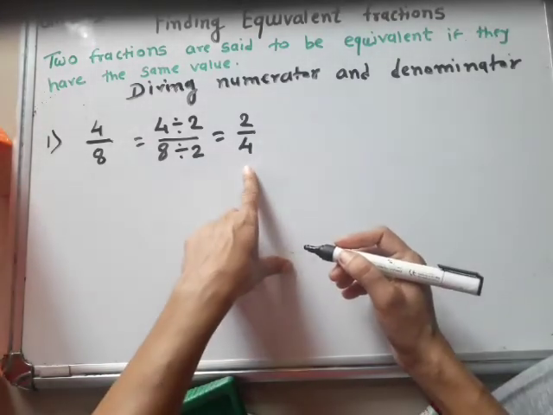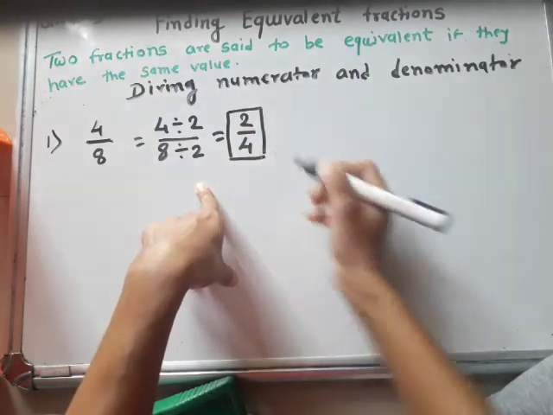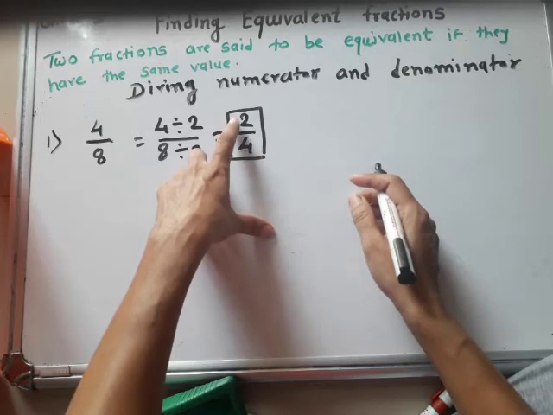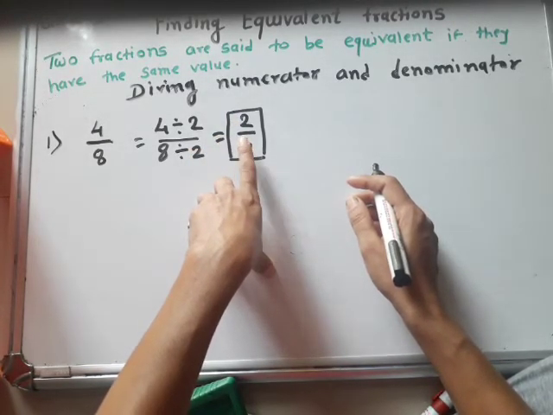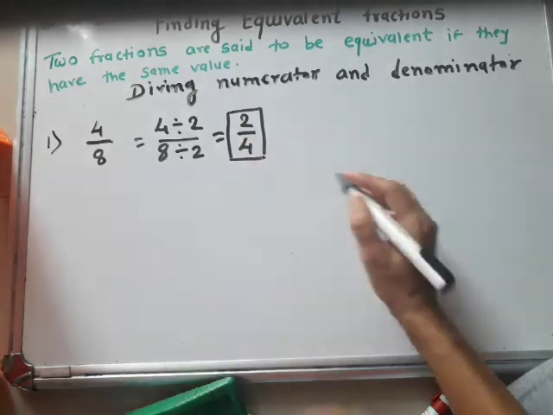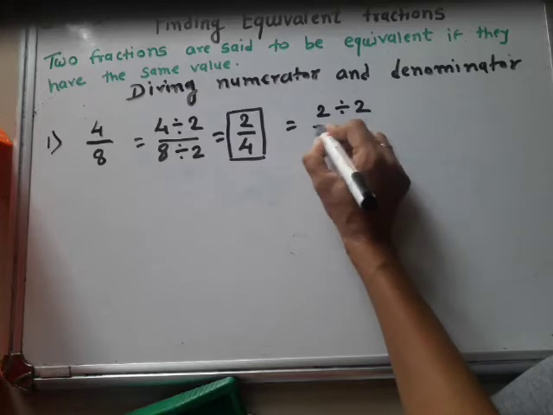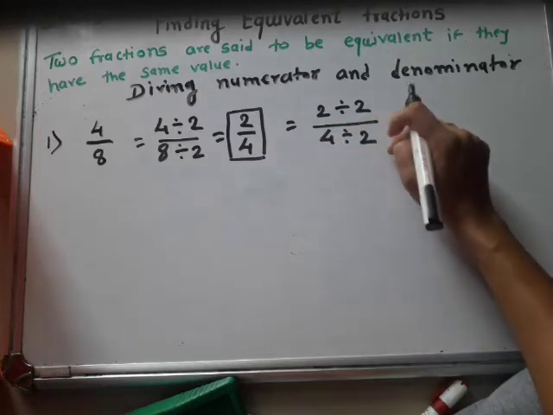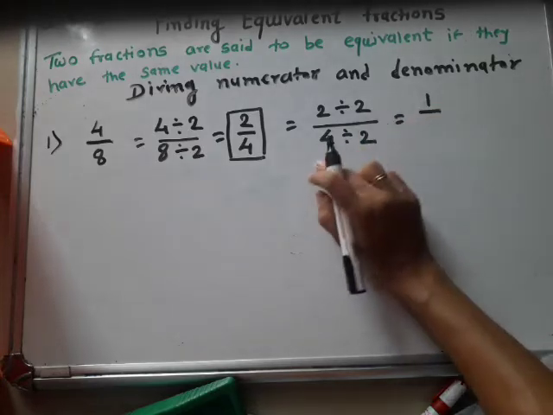So we get the equivalent fraction 2/4. Now again see here, both are even numbers, 2 is even and 4 is even, so both numbers are again divided by 2. We divide by the same number again. So 2 1s are 2 and 2 2s are 4.